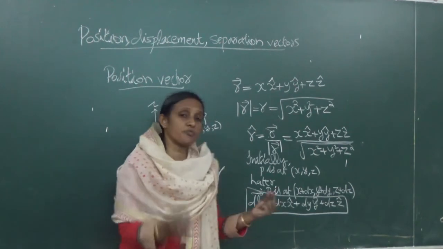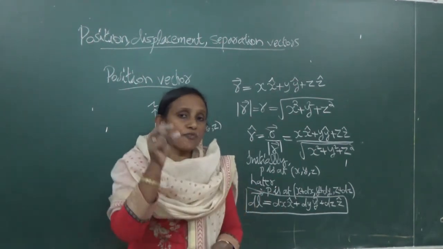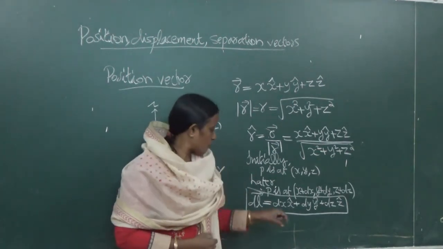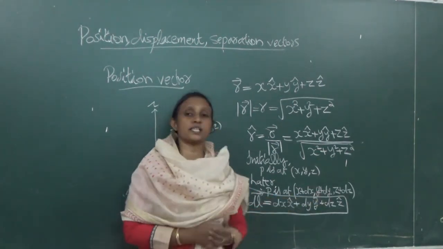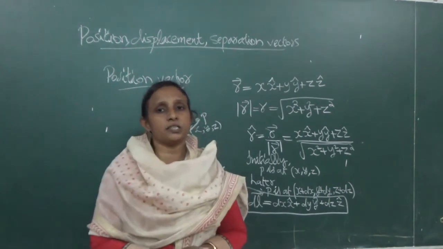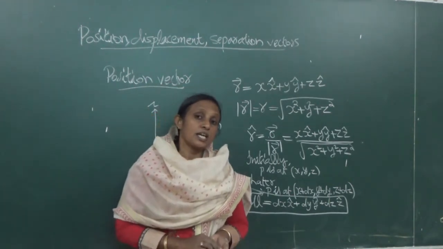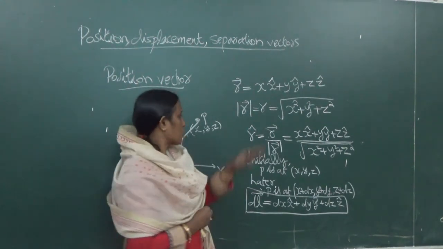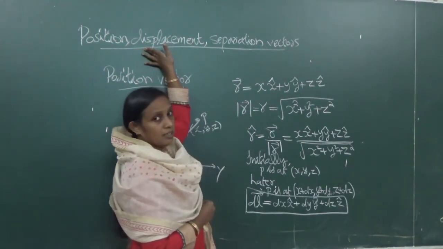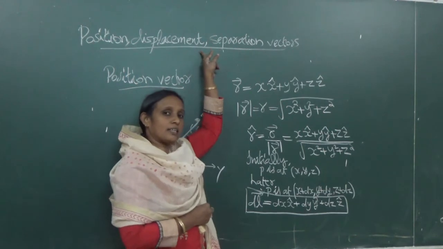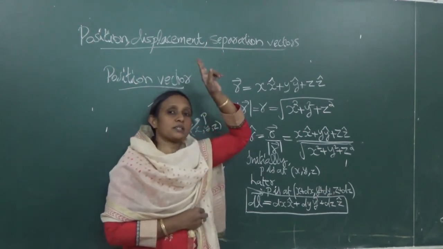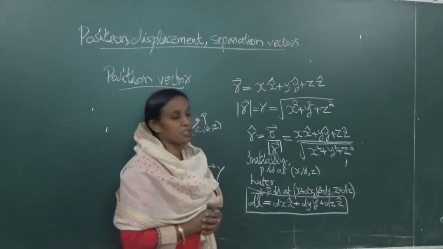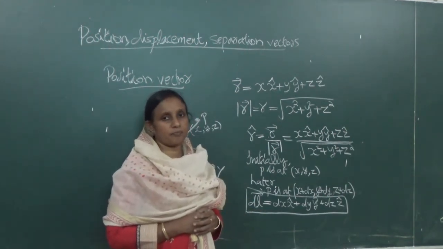If this change is very small, it is called an infinitesimal displacement vector. If these changes dx, dy and dz are very small, the vector is called an infinitesimal displacement vector. So we have the position vector, then the displacement vector. For small variations in coordinates, we call it an infinitesimal displacement vector.